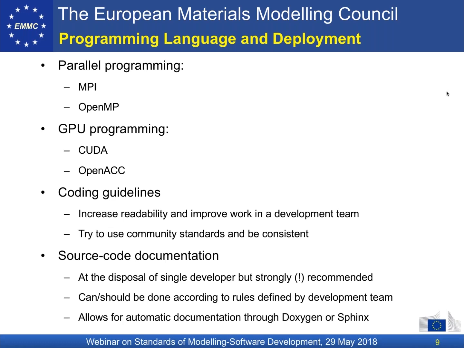And these guidelines, of course, increase readability and improve the working in the development team. So that's very important, to stick to certain guidelines which have been decided at the very beginning.